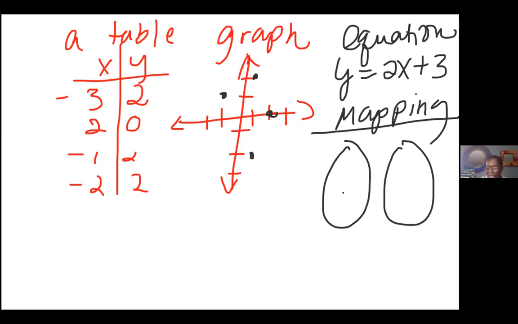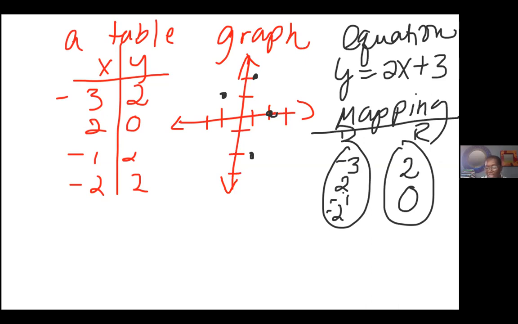So if, let's say, this represents a domain and this represents the range, the domain has the elements -3, 2, -1, -2, and then the range has the elements 2, 0. We have to show which element in the domain is paired up with which element in the range. So we use these arrows to show that.